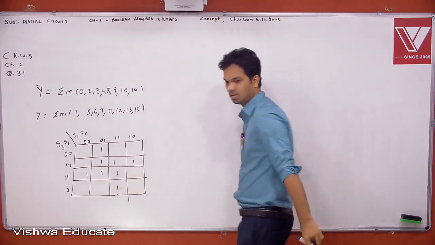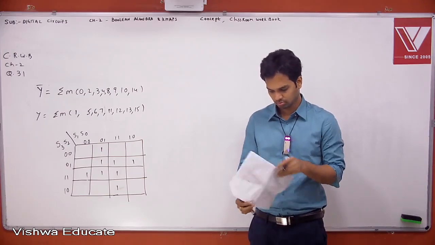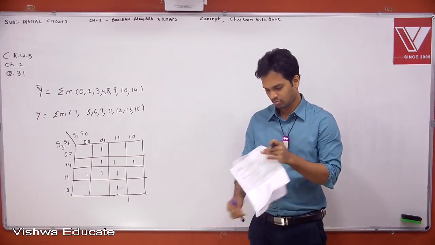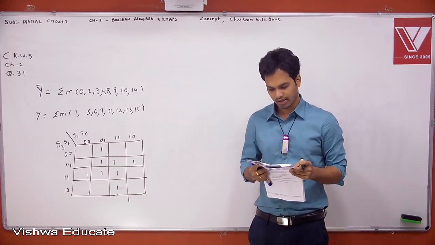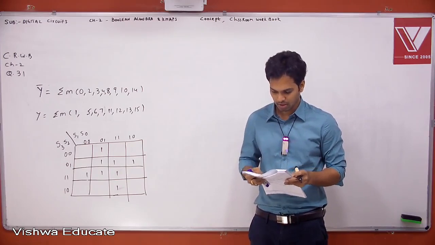Yeah, this is the K-map entry. So first part is done. What is the second part of the question? Determine the PI, EPI and write down the expression for y in SOP form using minimum number of terms.